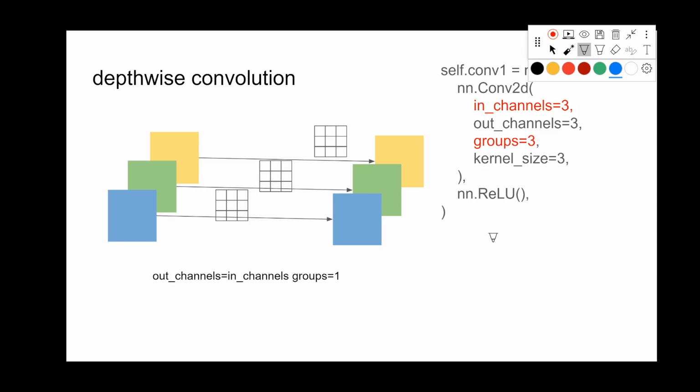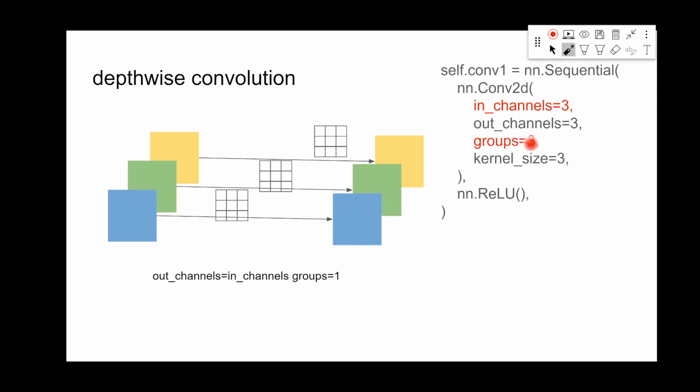For example, in the program here, we let the number of input channels equal the groups. The groups parameter means how many groups we want to divide the input channels into. If they are the same, it means that we are using a single channel to produce the output channel only. So in this example, for each of the input channels, we use one CNN filter to produce the output channel.